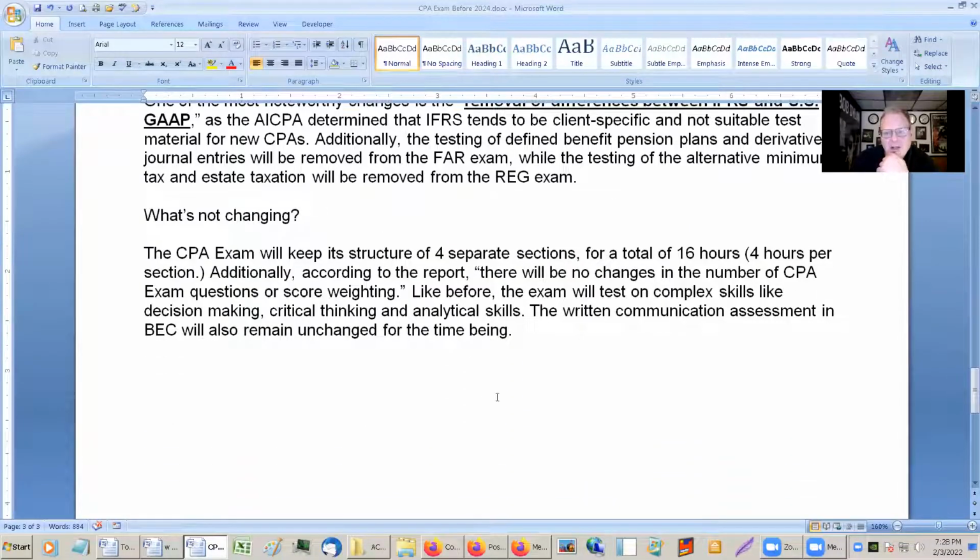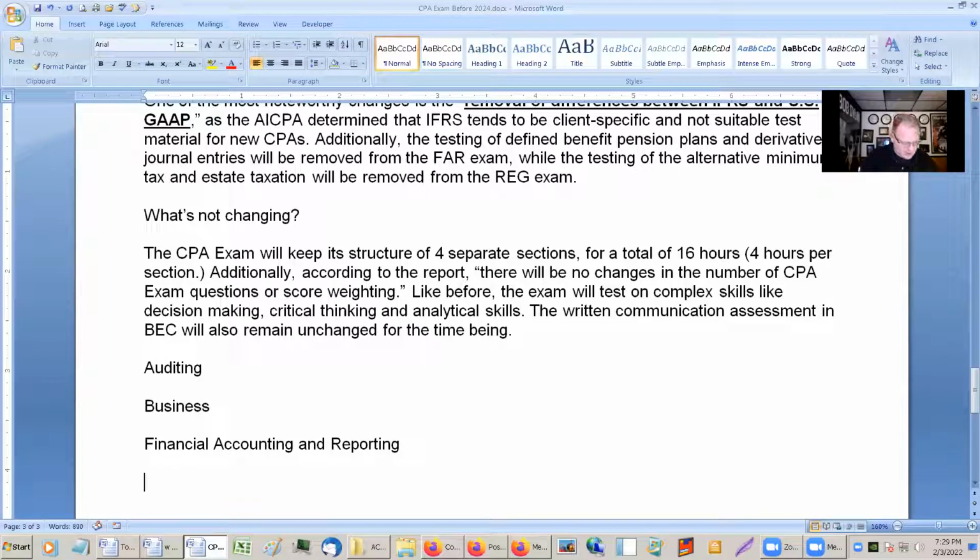All right, so the other sections of the exam are auditing, the business section that we talked about, financial accounting and reporting, and regulation: taxes, law, hardly any law.